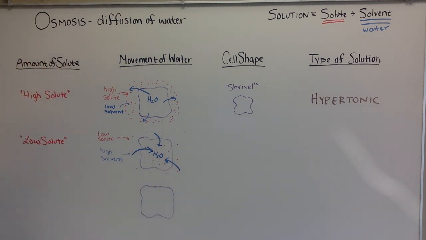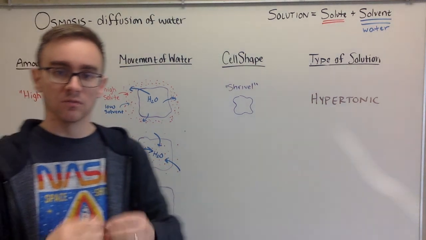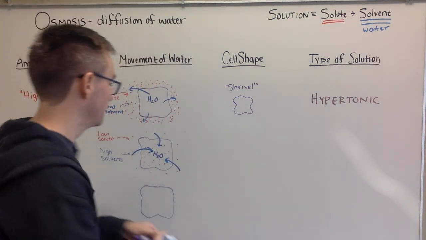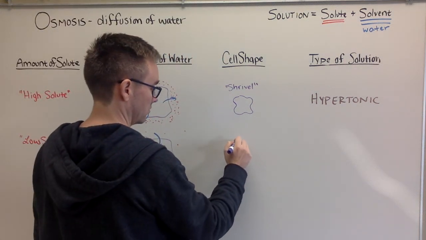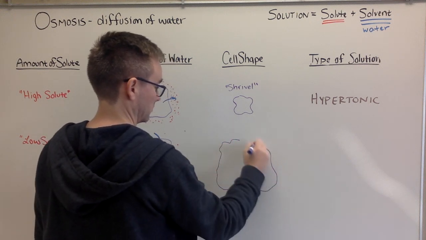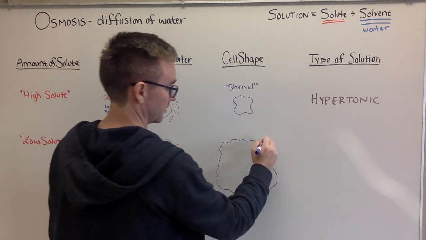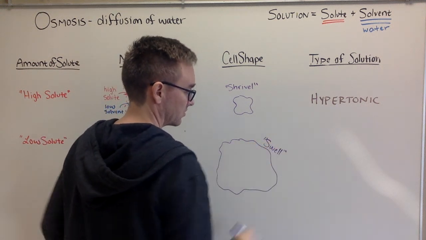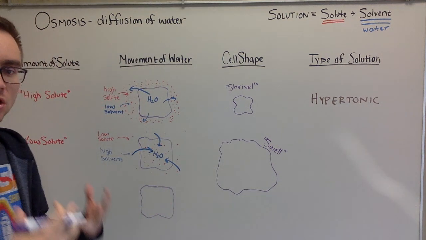All right. Think of a balloon or a bubble. You rush in and blow in a bunch of air. What's going to happen to the size is that cell is going to swell. It's going to grow bigger. It's going to get larger in size.